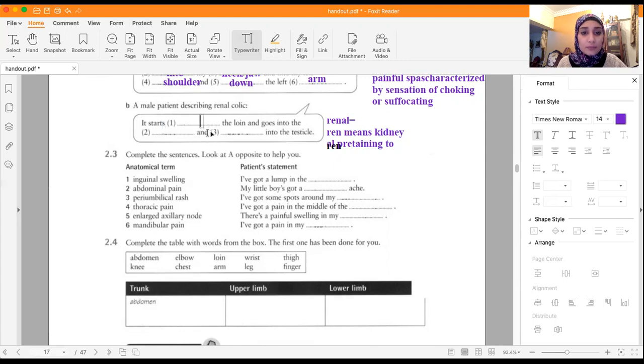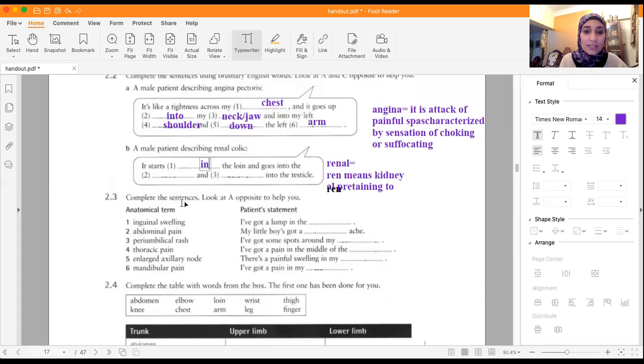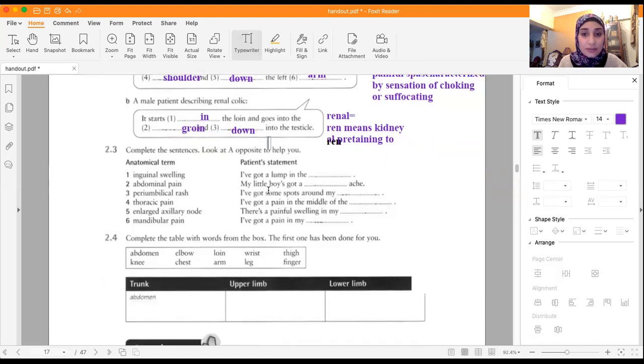So here it starts, we say that the pain starts in the loin and goes into the, what is the closest region to the loin? The closest body part to the loin is the groin. So it starts in the loin and goes into the groin, and down into the testicle.